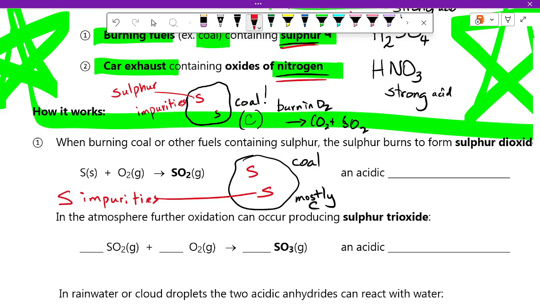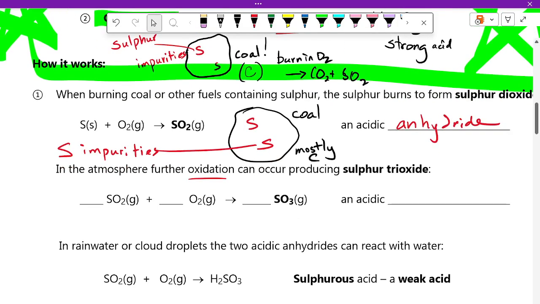Could you remember that if you had to? So this is an acidic, what's the word we call it? An acidic anhydride, yes. Now, in the atmosphere, we get further oxidation. Oxidation means sticking oxygens on, or at least that's one meaning of the word oxidation.